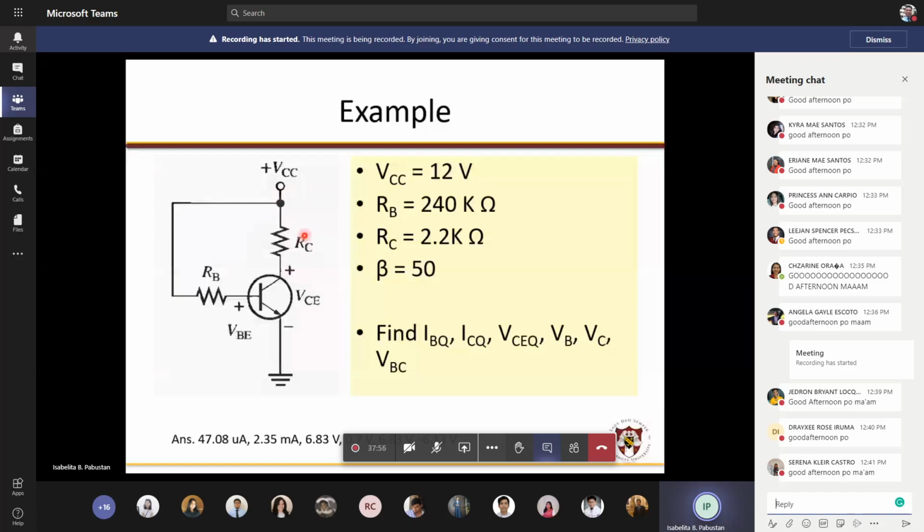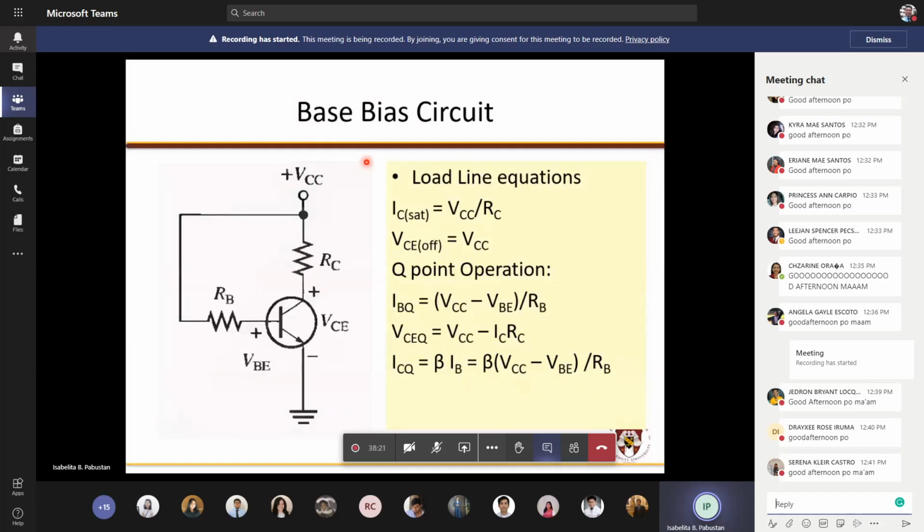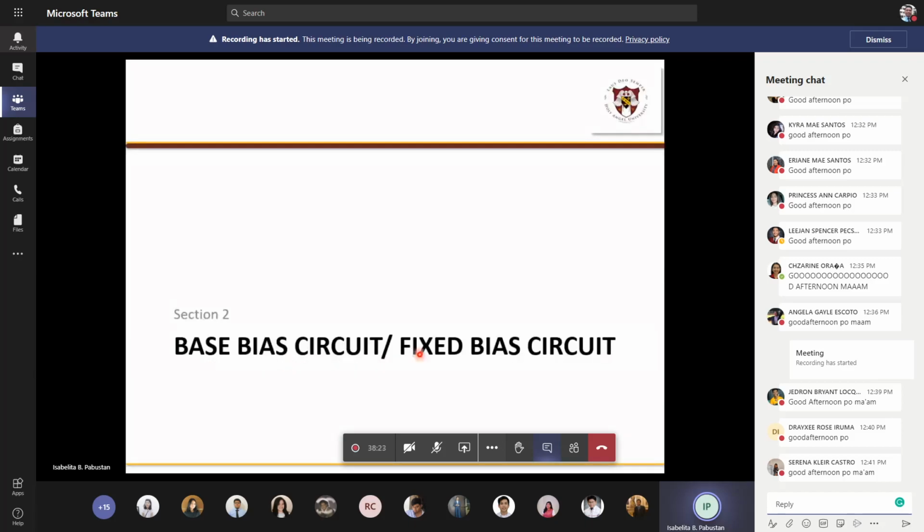So, dito naman, the collector base is reverse bias. So, parehas pa rin, ano? So, ibig sabihin, you are using this transistor configuration as an amplifier. Ano? And you call this as the base bias. Ano? Base bias or fixed bias circuit.